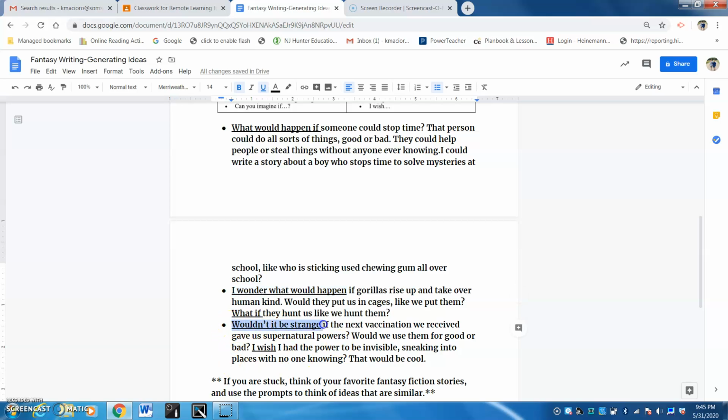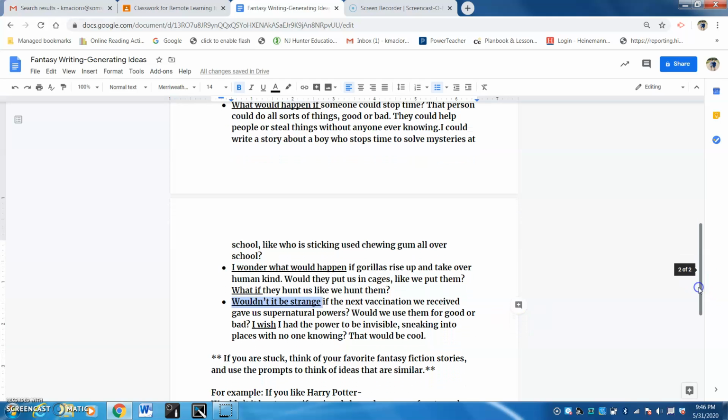Here's another idea. Wouldn't it be strange if the next vaccination we received gave us supernatural powers? Would we use them for good or bad? I wish I had the power to be invisible, sneaking into places with no one knowing. That would be cool.